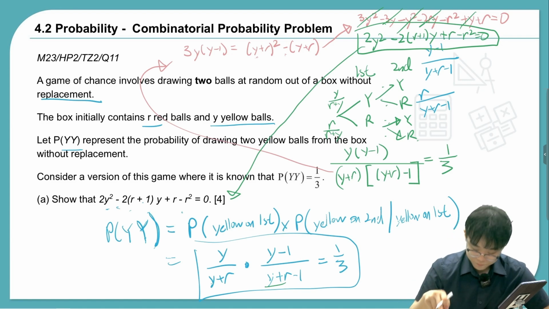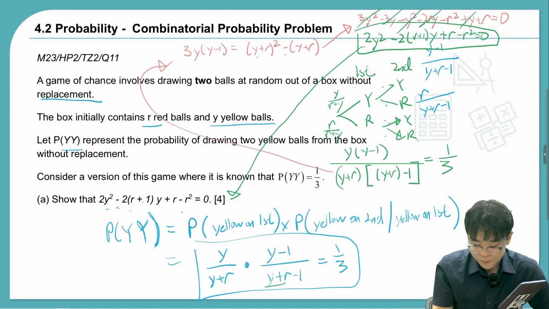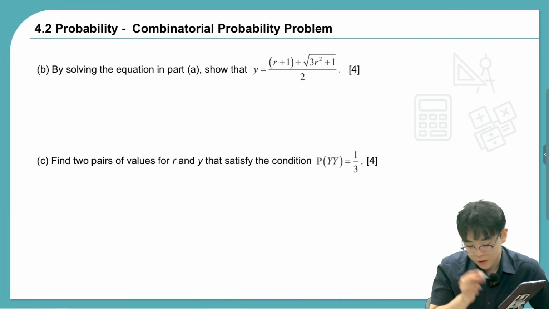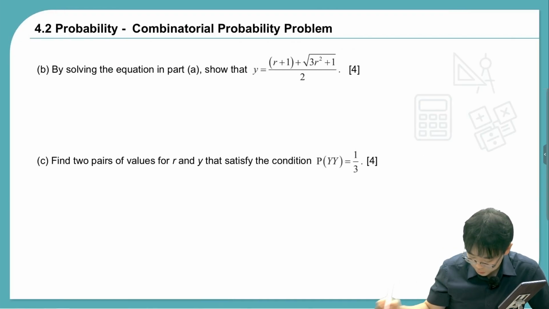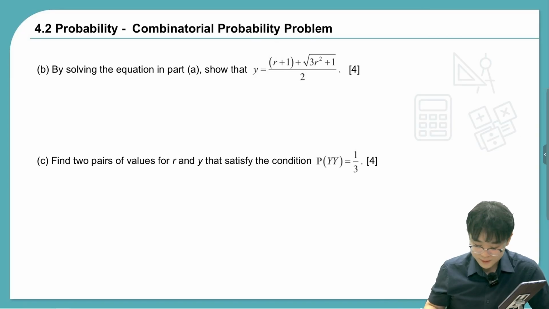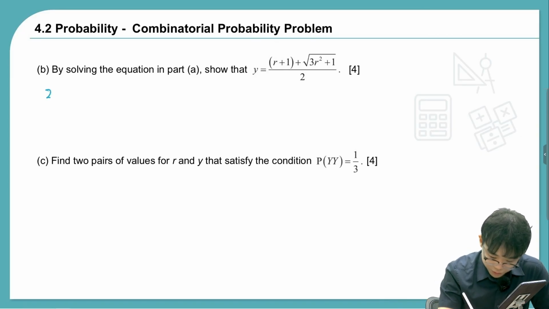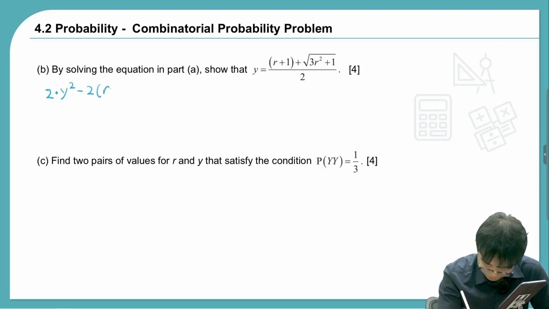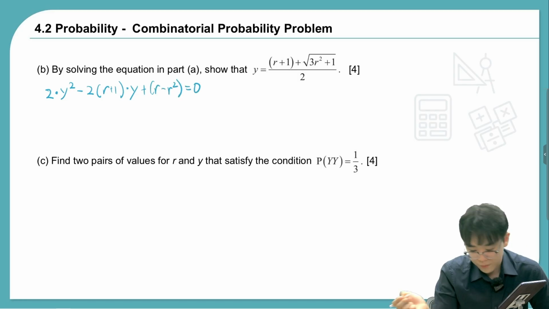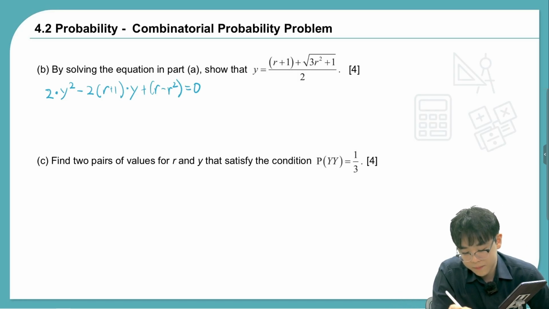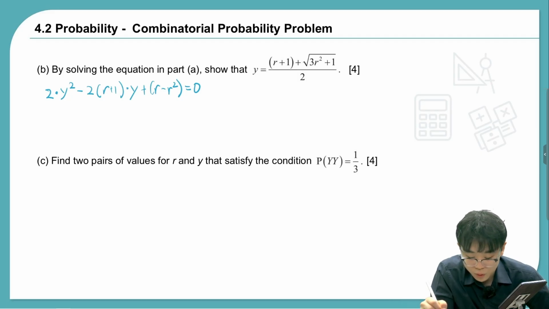Okay, so we have this expression in A, and by solving that same equation, we want to show that y is equal to this thing right here. So I have 2 times y squared minus 2 times r plus 1 times y plus r minus r squared equals 0. So this is actually nothing more than using the quadratic equation.